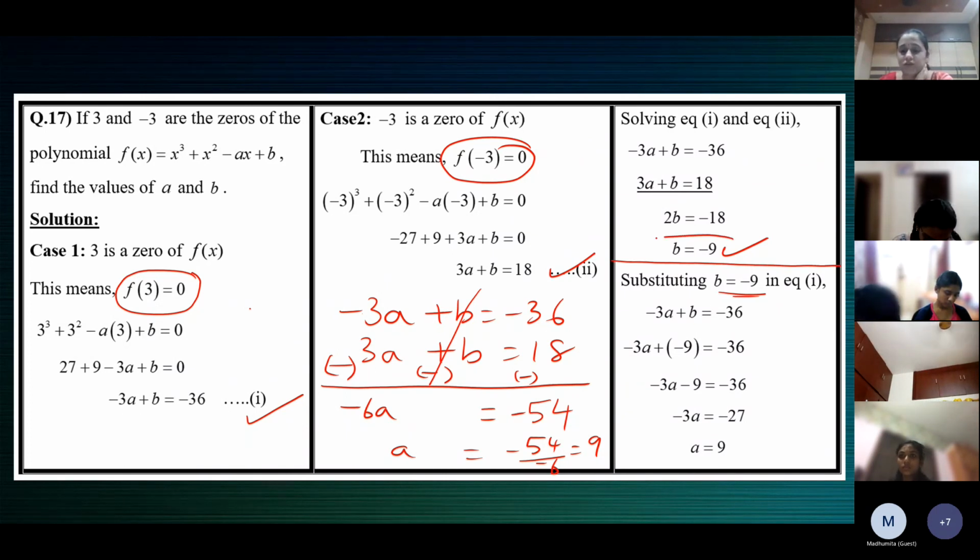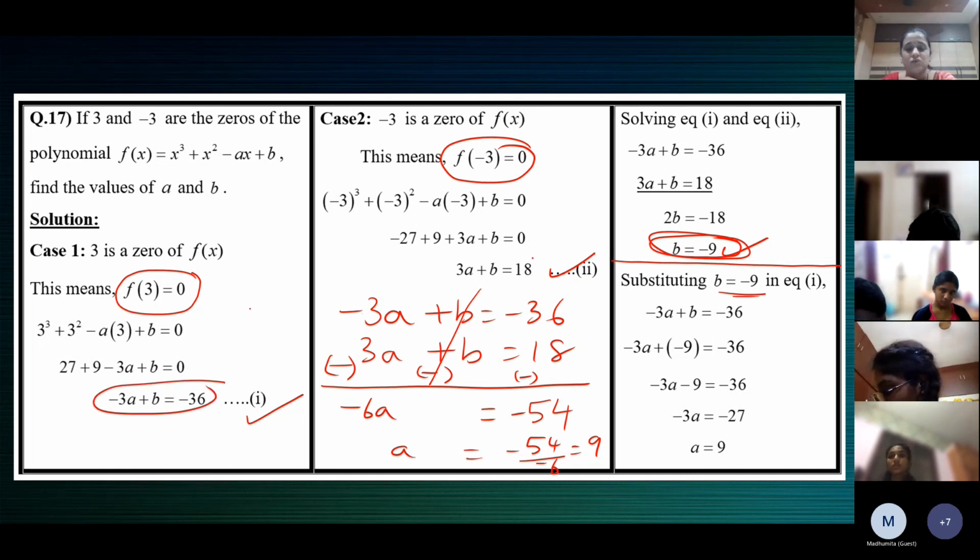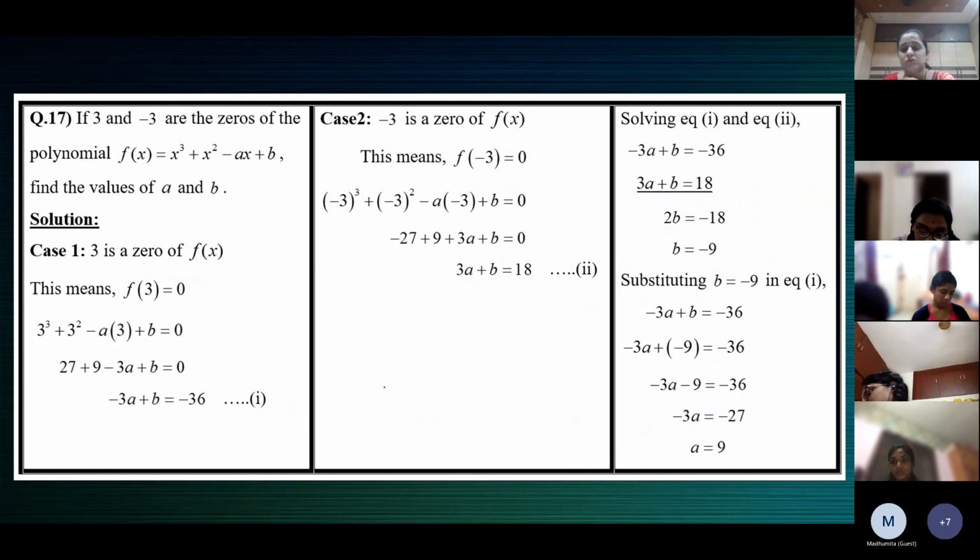Now we found the value of b, right? Yes, ma'am. We have to find the values of a and b. We found the value of b. Next, we'll have to find the value of a. So now we have two equations, equation 1 and equation 2. Take any one equation, either equation 1 or equation 2. I have taken equation 1. What is equation 1? Minus 3a plus b is equal to minus 36.